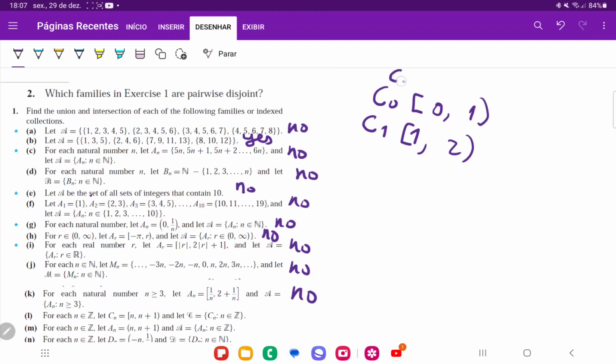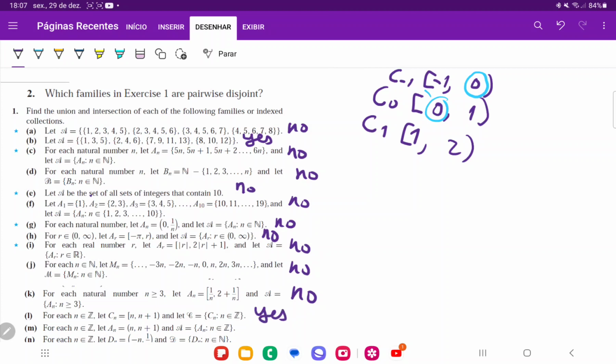Maybe we can do C-1, which is going to begin at -1 and then end at 0. So you can see that none of these are going to have any values in common, because wherever it ends here, it ends excluded. So 0 is not included there, and then it begins at 0 here. So right at the edge where they would overlap, one of them is excluded and the other one is included. So for these, they're not going to have anything in common.